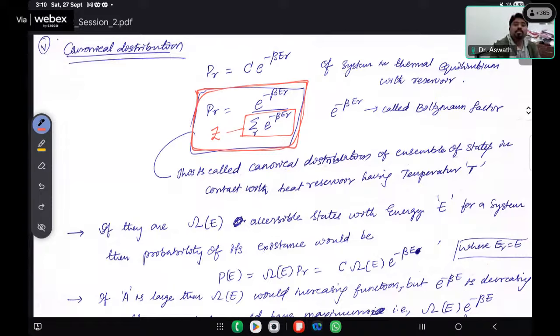Now we will take the simplest scenario and describe that. Let me start. I'm talking about the equilibrium situation. To describe the equilibrium situation in statistical physics, there is something called the equipartition theorem.